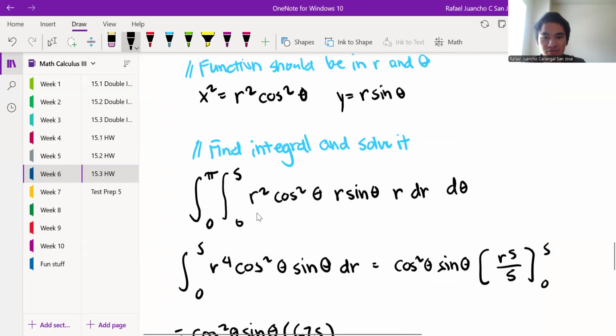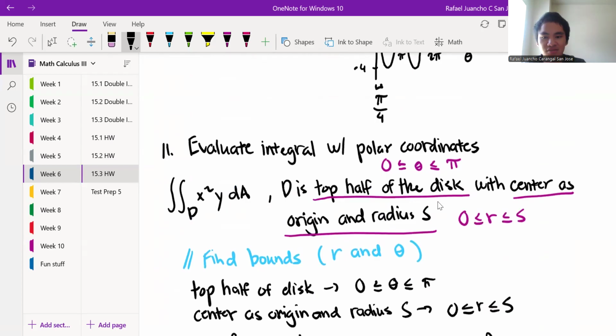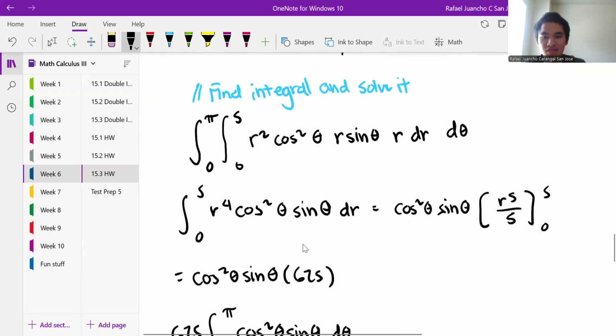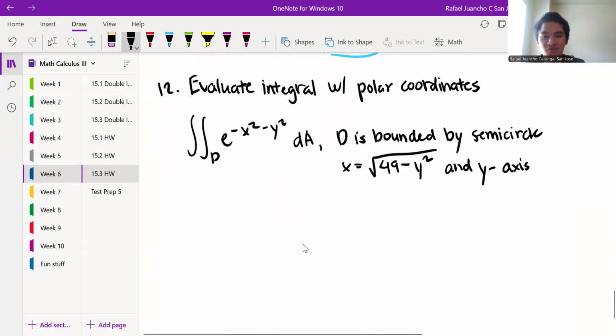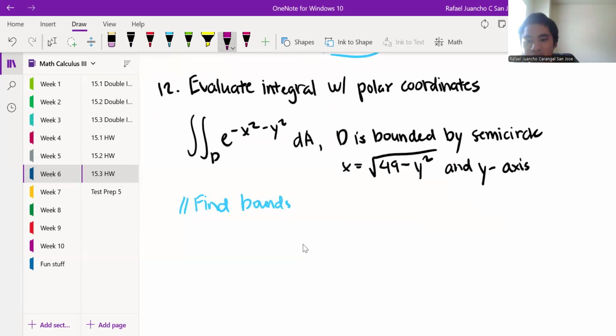Those are the bounds. First things first, we want to find the bounds. How do I find bounds here? This one's tricky. It's bounded by some semicircle of this, then we have a y-axis as well.